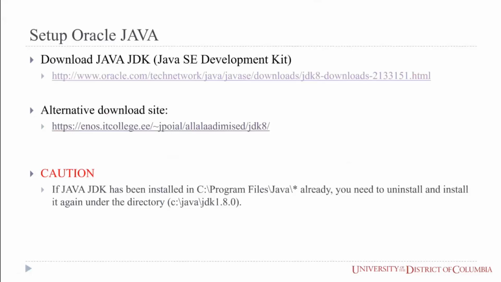So if you install the Java JDK in this default directory, it causes a problem. You need to change this to something else, right? My recommendation is to change it to this: under the C drive, create a Java folder, and under there you can set up the Java versions, right?